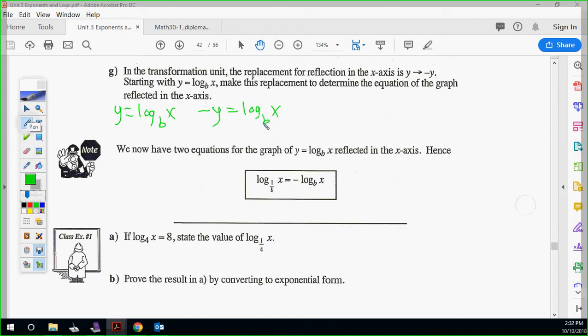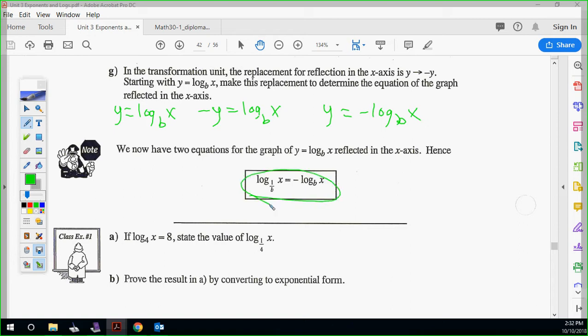There we go. And so then we'll move the negative over, and the negative would make it y equals negative log b of x, which we have right here is equivalent to this.